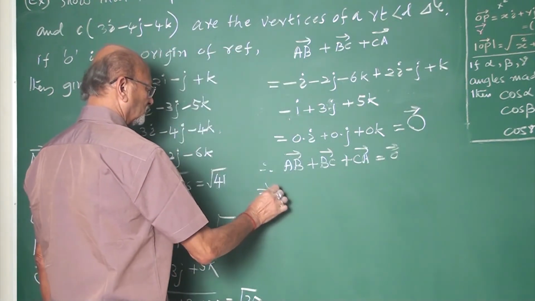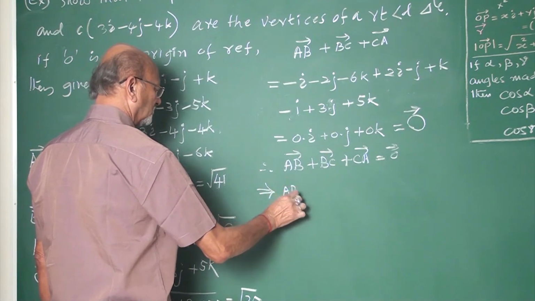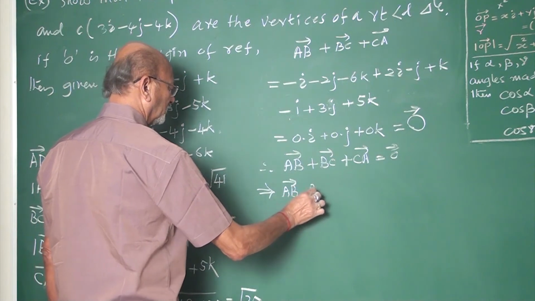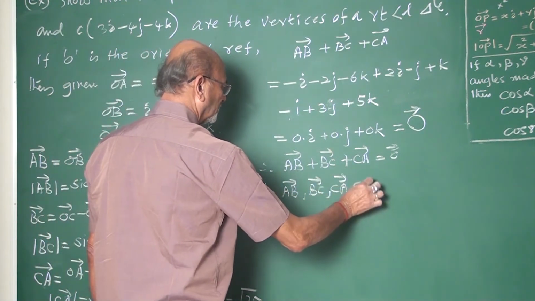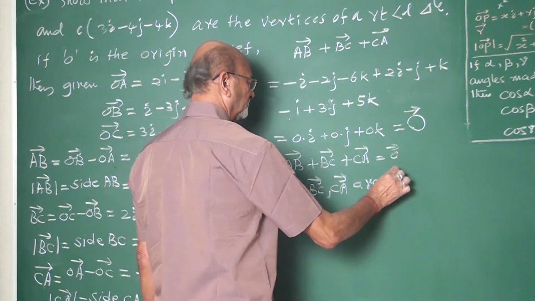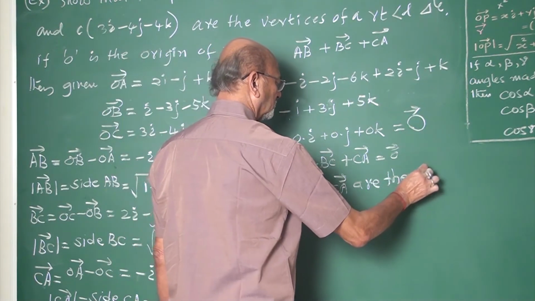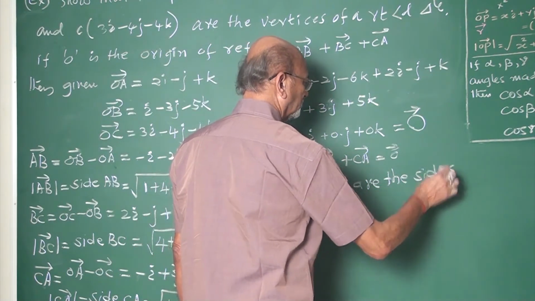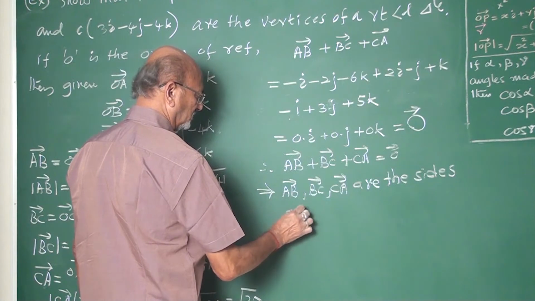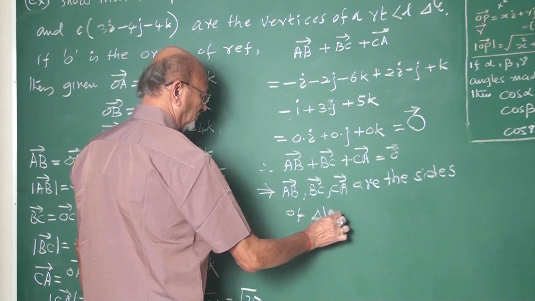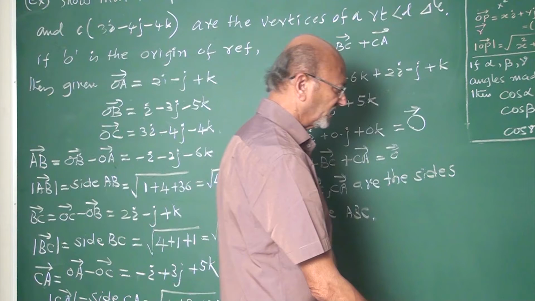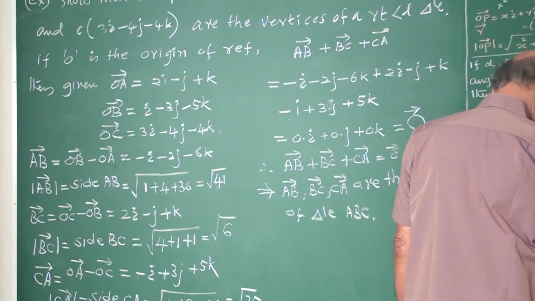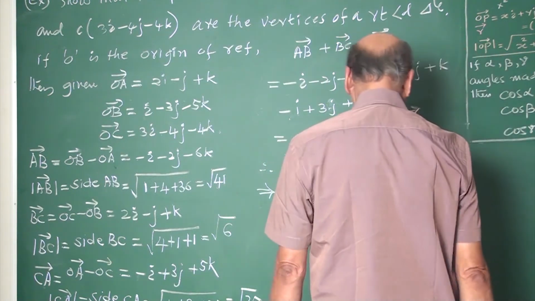This shows vectors AB, BC, CA are the sides of the triangle ABC. Then it remains to show that it represents a right angle.